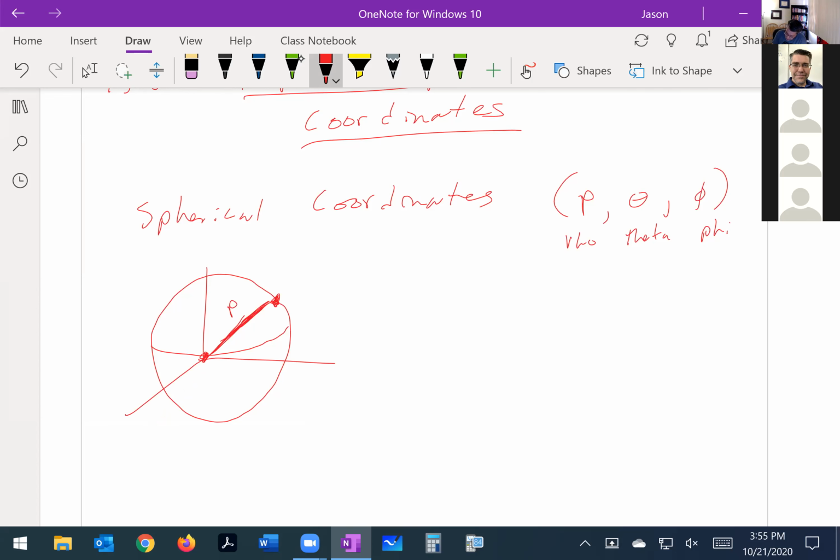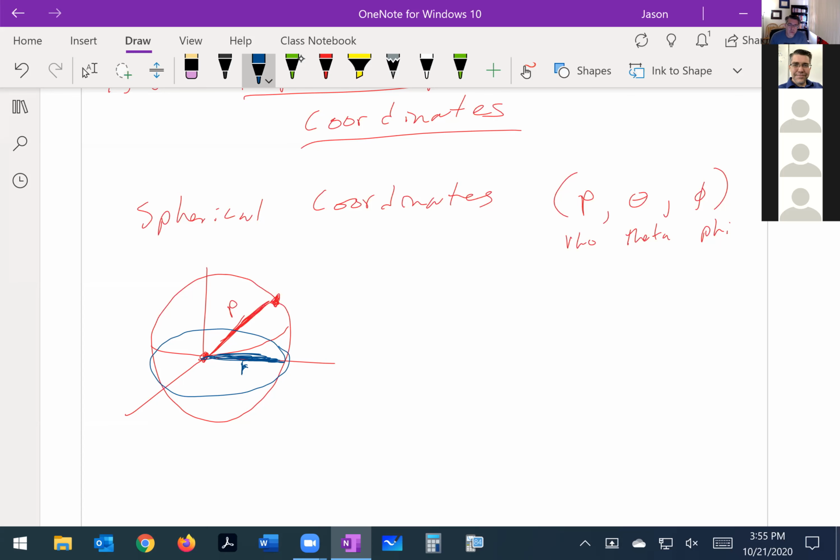R is reserved for this guy here. R is not rho. They like to reserve R for the radius in the XY plane.